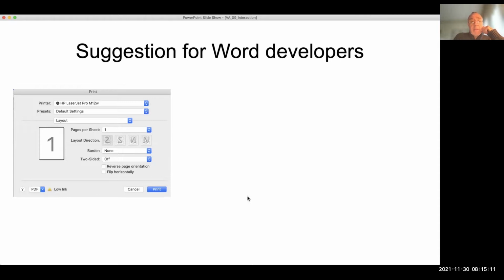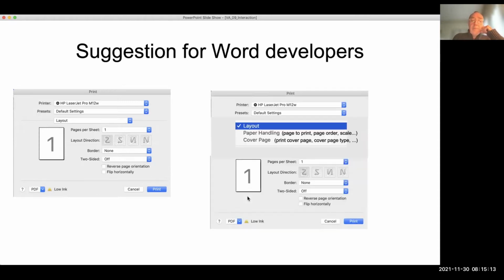And my suggestion for Word developers is just to modify the menu in this way. Present all the possible options. It is a basic principle of human-computer interaction: recognition rather than recall. You are not to remember what is behind here. There is room for that. So I have 3 choices here: layout, paper handling, a cover page.